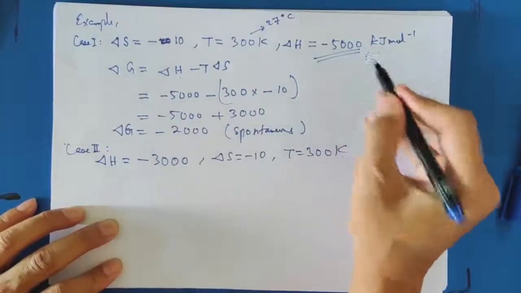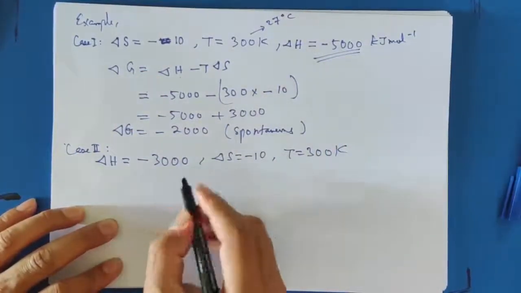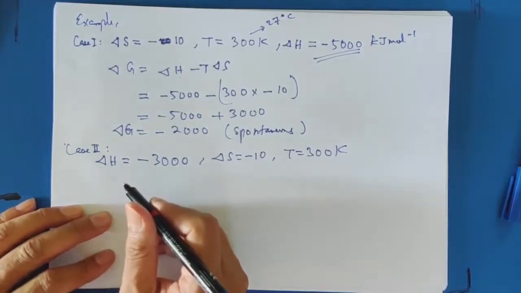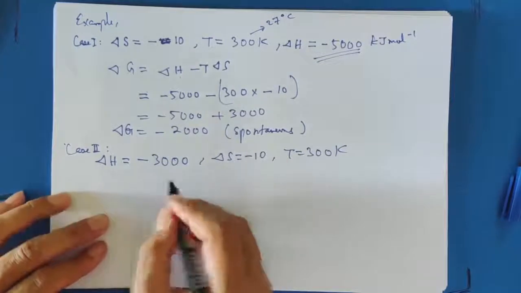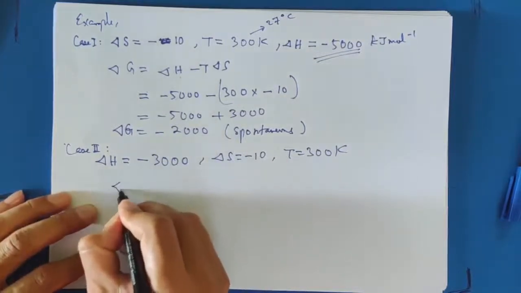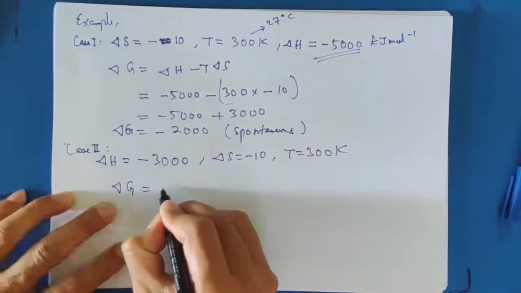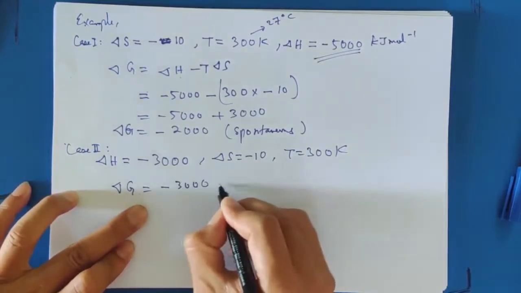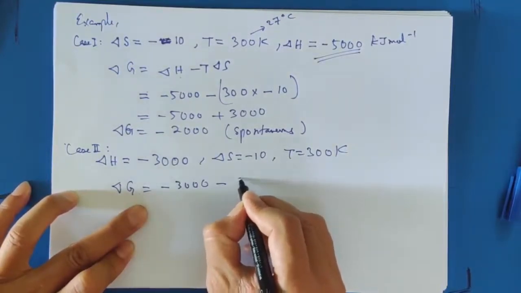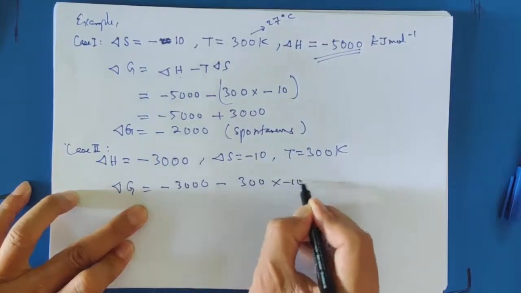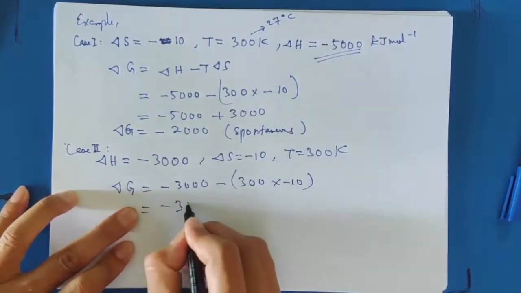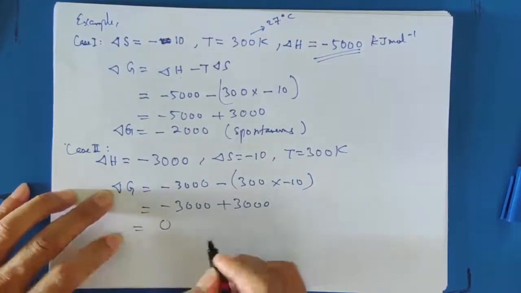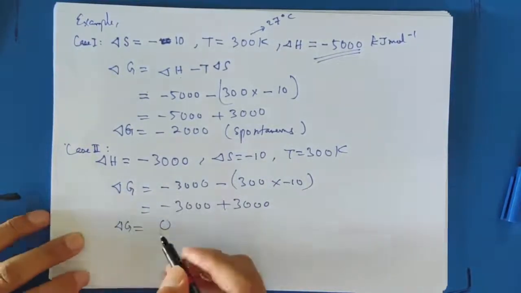Then 5000 minus, this is 3000 minus del H. Okay, it's less negative. Del G is 3000 minus T, temperature into minus 10. Plus 3000. Okay, 0. Del G 0.